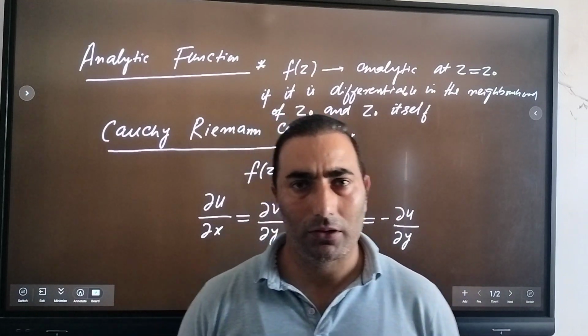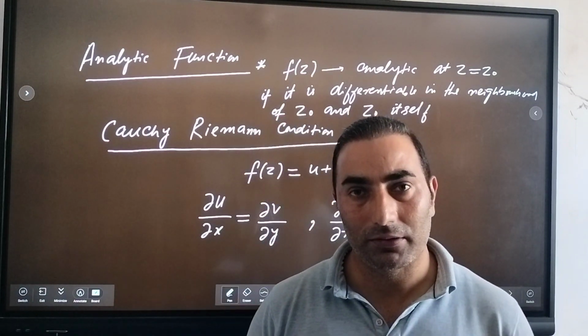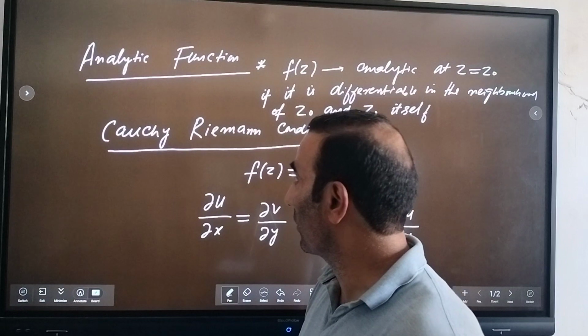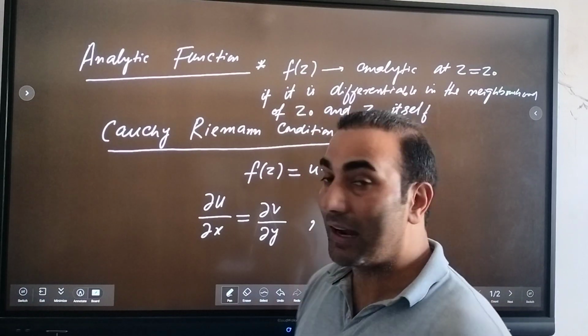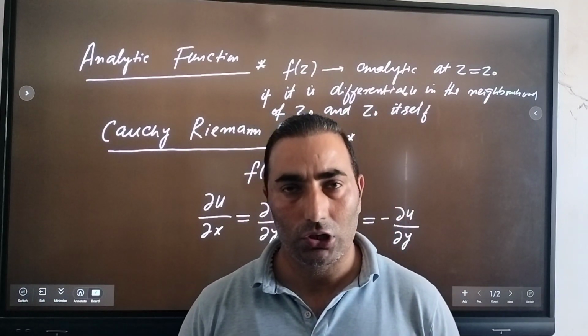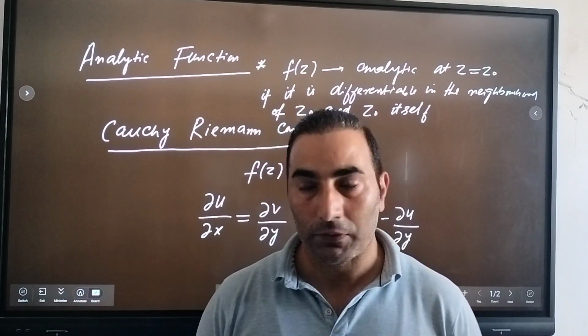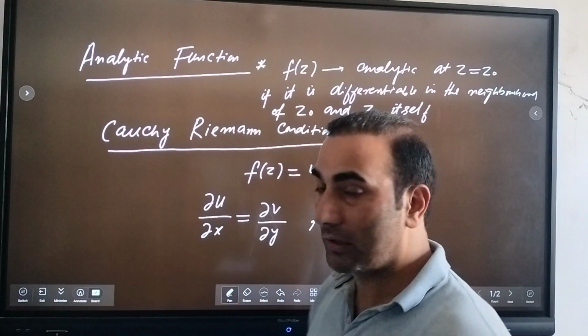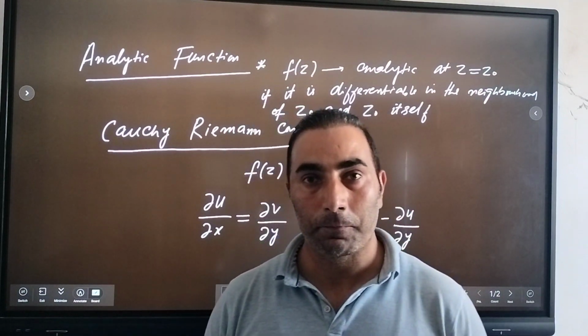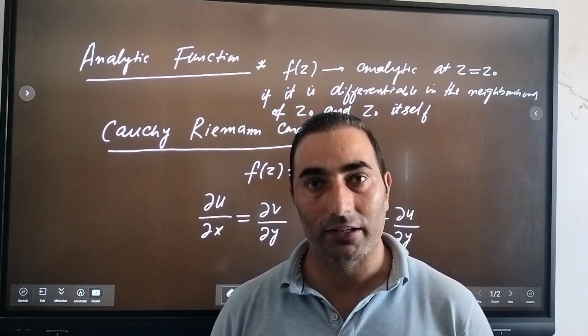One of the basic concepts in complex functions is the analytic function. Because we are working in the complex plane, a function can be called analytic if we consider some point in the complex plane.